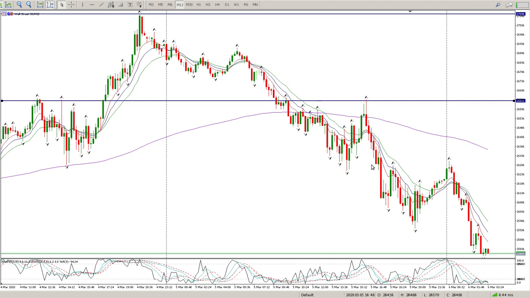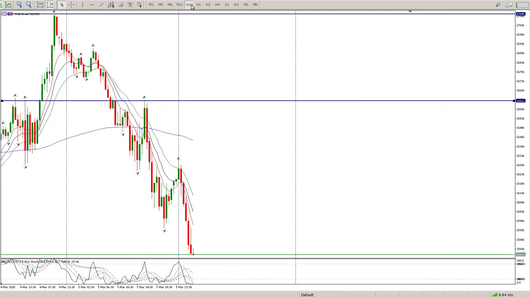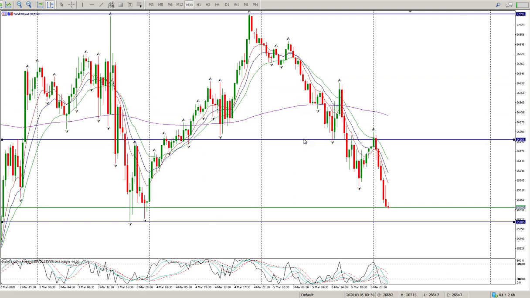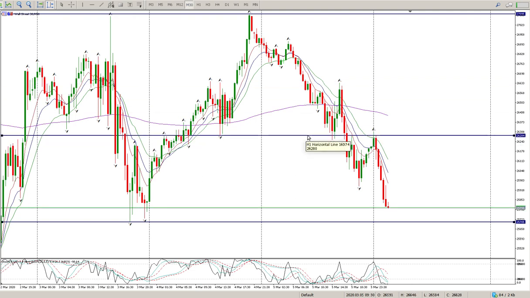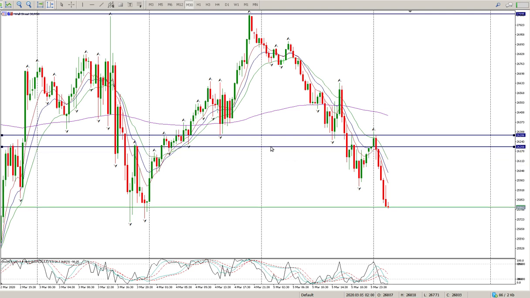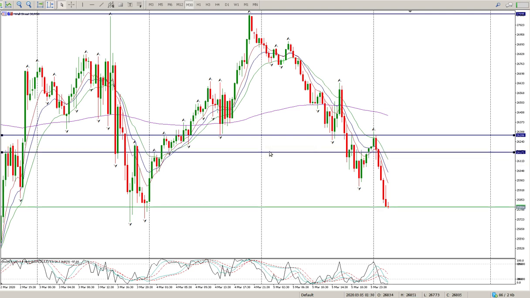So still looking for shorts. Look at the half hour, get your levels in. There are a few breakout levels here, and I think pretty much an opening gap close today would be an ideal entry for a short.